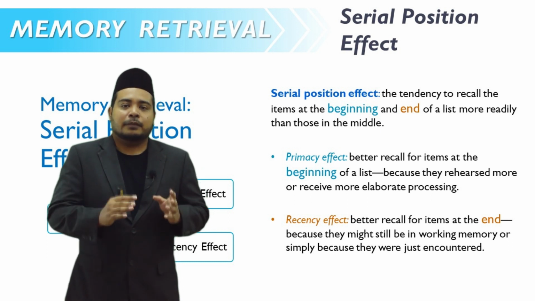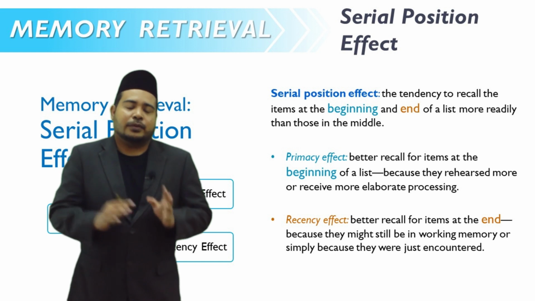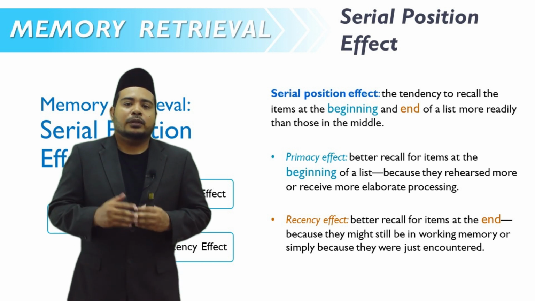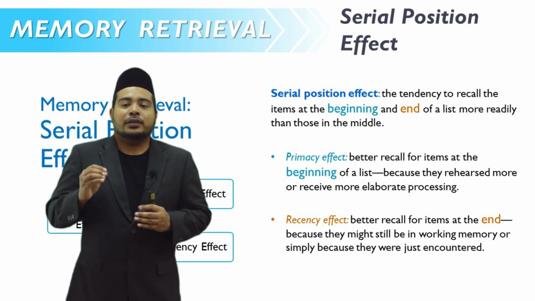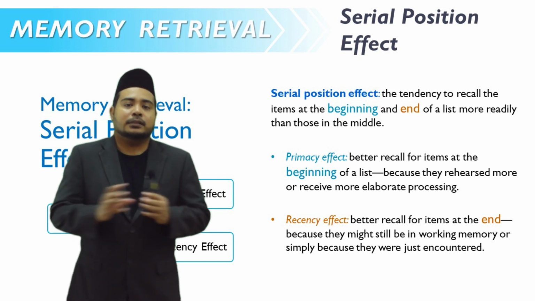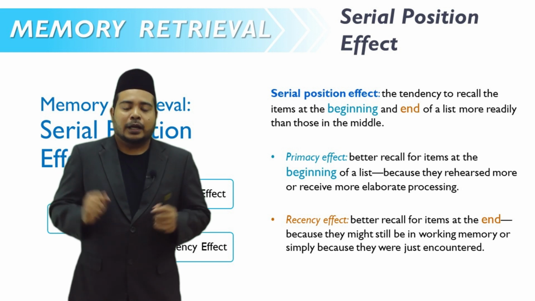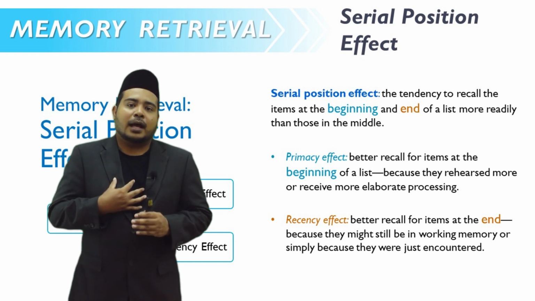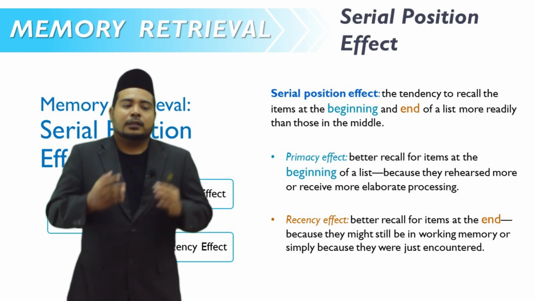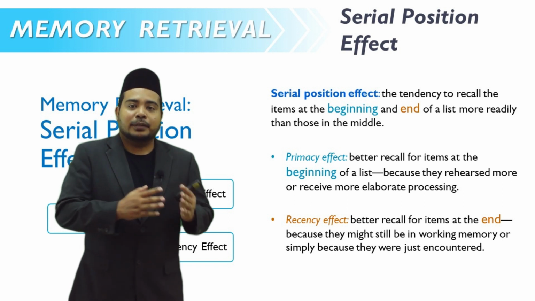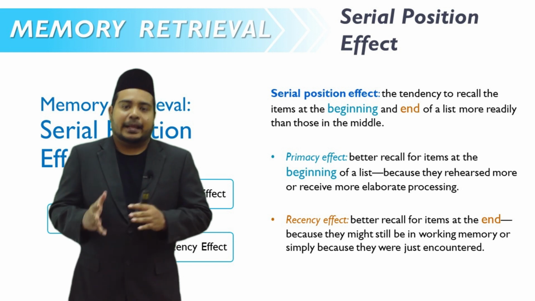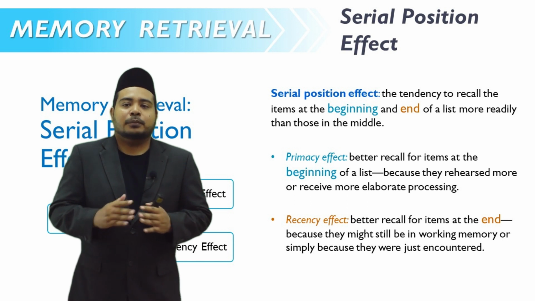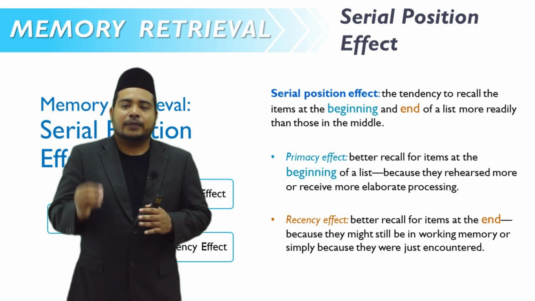So from the serial position effect perspective, we are going to face issues recalling the middle surah or ayah. Why? According to serial position effects, it is easier for us to recall surah or ayah at the beginning or at the end, because it is readily available.